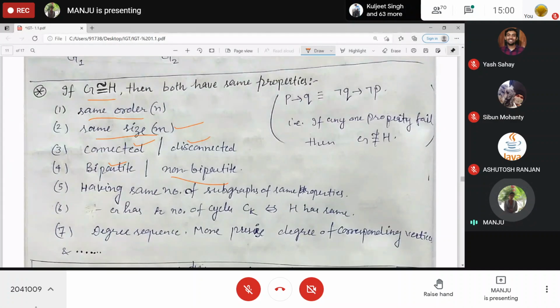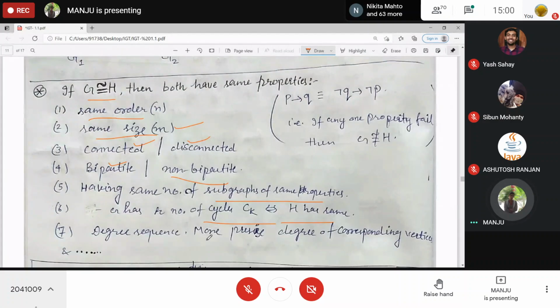If one has some subgraph, the other should also have the same subgraph, and the same number of such subgraphs. If G has n number of cycles, then H should too.